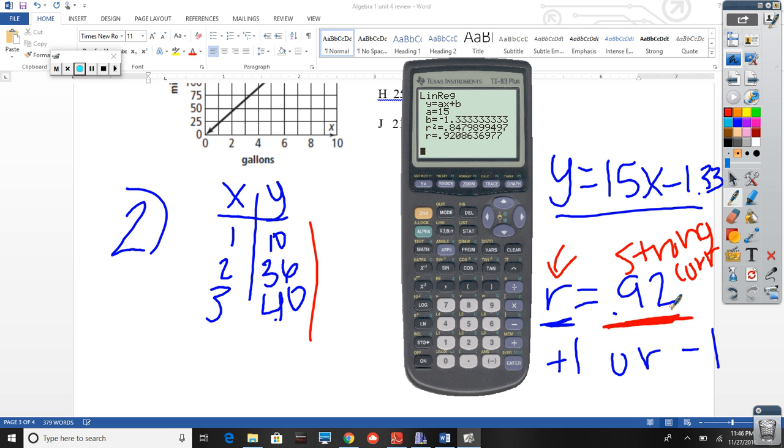Writing equations from 2 points, writing equations from a table, parallel lines, perpendicular lines, linear regressions, and what I just did right now with correlation, direct variation, all kinds of stuff. Study, study, study.